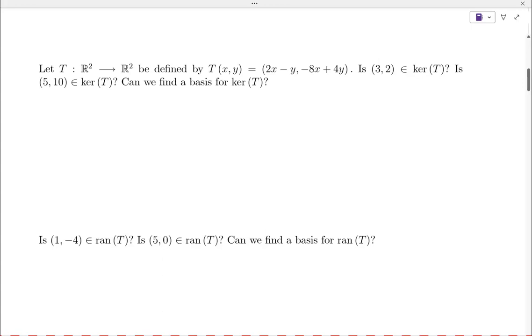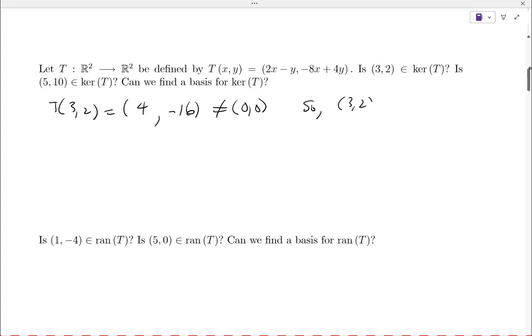Do I want to set it equal to 0 or plug it in and see if we get 0, right? The kernel is a set of everything that gets mapped to 0. So we just need to check T of (3, 2) and see if we get the 0 vector. I get 6 minus 2 is 4, and then negative 24 plus 8 is negative 16, which is certainly not (0, 0).